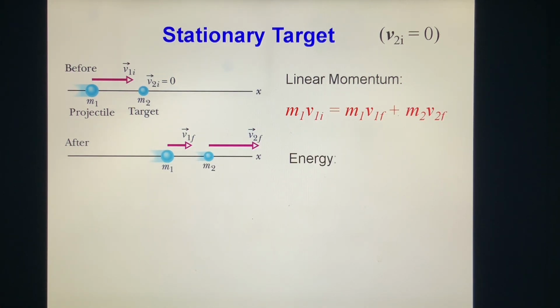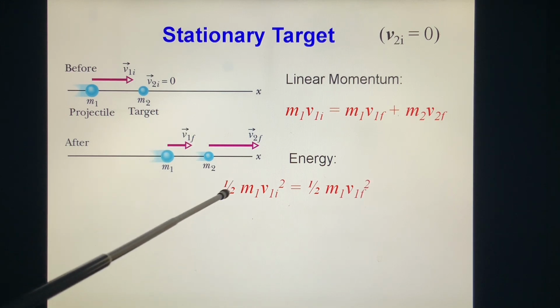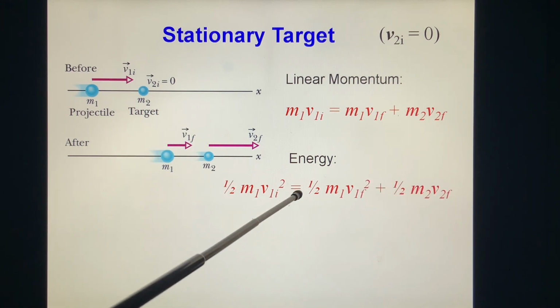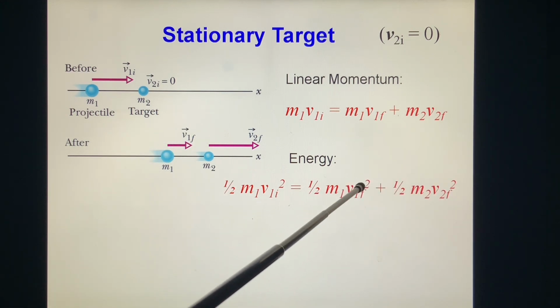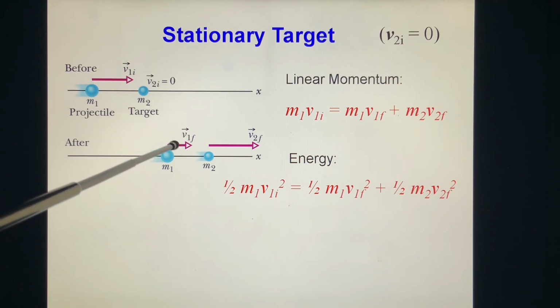And we have energy conserved. Before collision is half m1 v1i squared, equal to, after that both have kinetic energy, half m1 v1 final squared plus half m2 v2 final squared. With these two equations, we can find the v1 final and the v2 final.